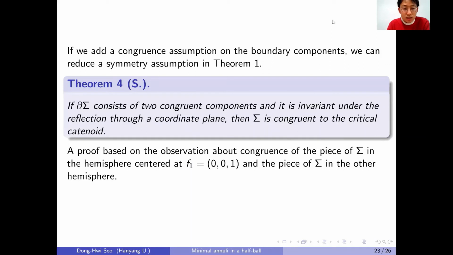The proof follows from an observation about the congruence of a piece of the surface in the half ball and the piece of the surface in the other half ball, and this half ball can be obtained by symmetry.